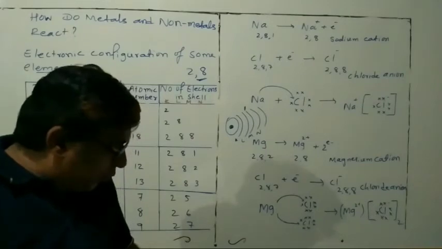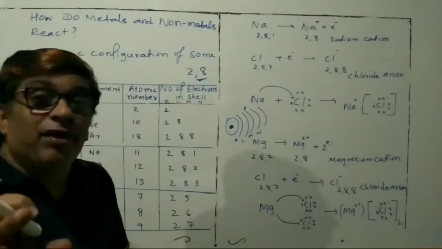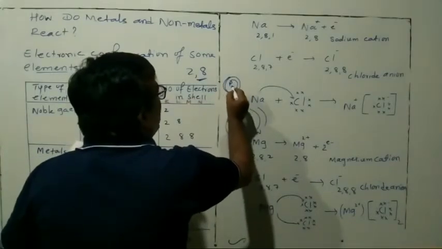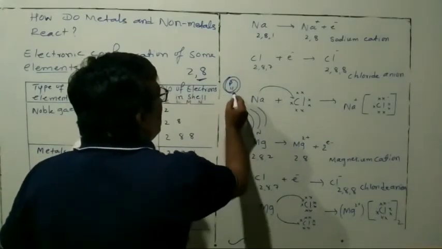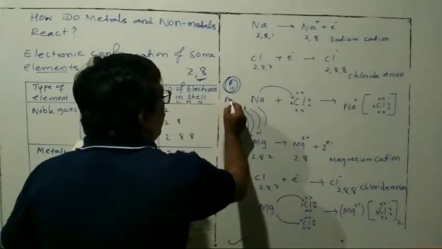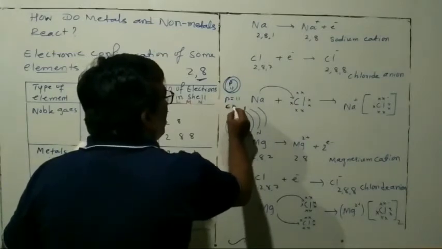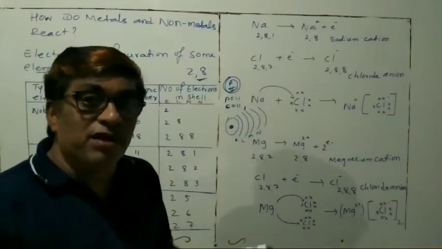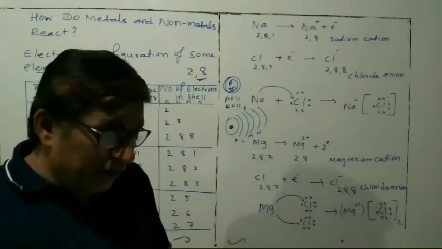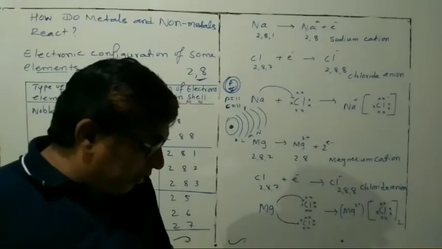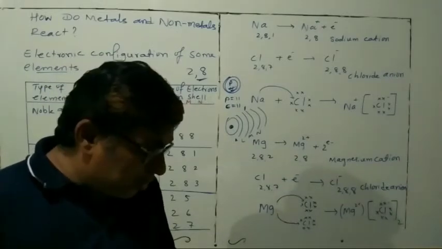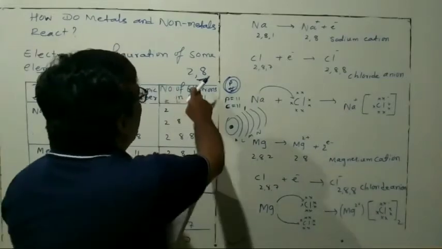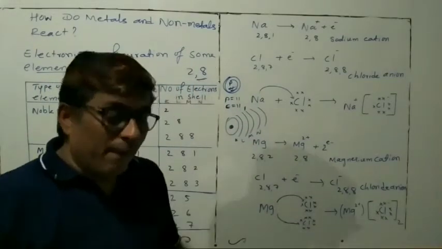The nucleus of this atom still has 11 protons. You know that the nucleus has protons, which are 11. Protons remain 11, but the number of electrons changes. The nucleus still has 11 protons, but the number of electrons becomes 10.